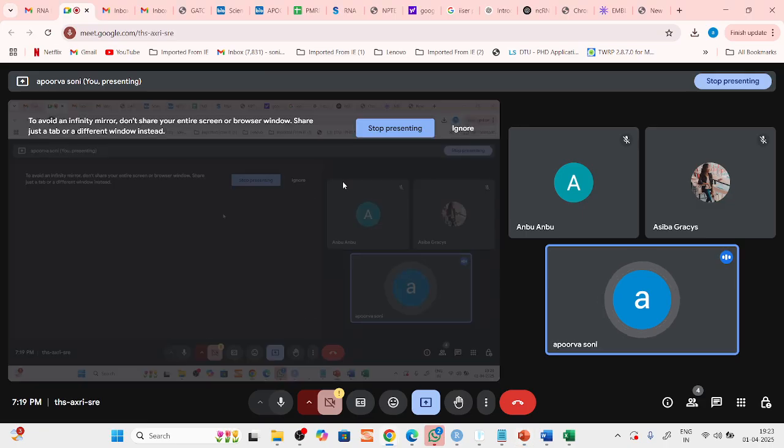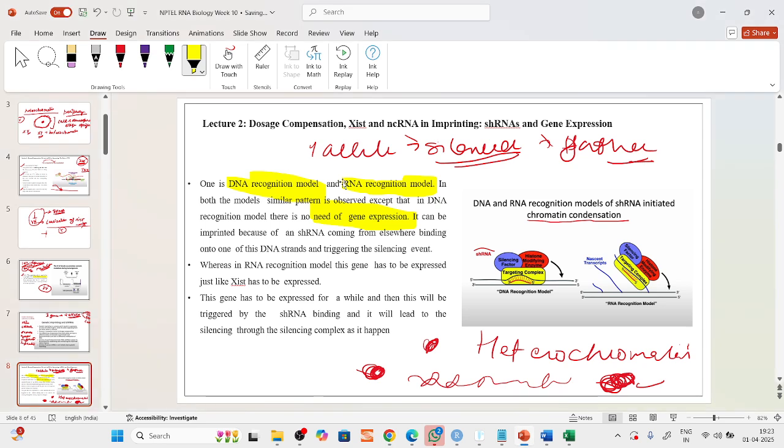Expression of genes always happens at the RNA level. So when we talk about the DNA recognition model, it means there is no need for the DNA to be expressed. Fine. And so it can be imprinted because of an shRNA coming from elsewhere. So this is an shRNA.